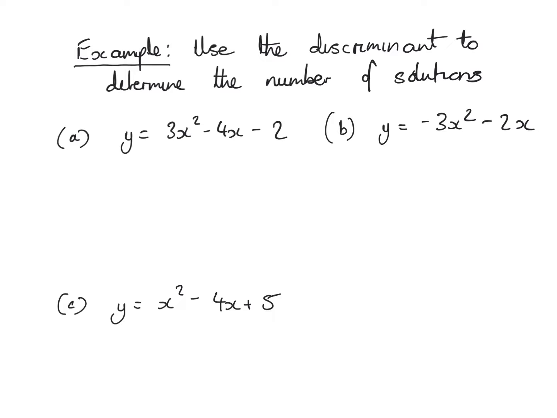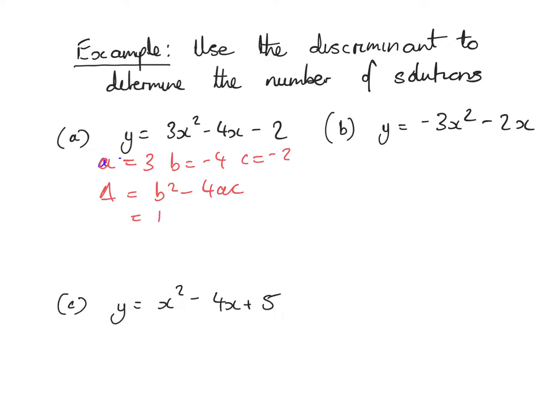Putting it into practice. So again, Jonathan, always write out what your A, B and C are. So A, let's use a different colour here, we'll use red. A is equal to 3, B is equal to minus 4, C is equal to minus 2. Discriminant is b squared minus 4ac.